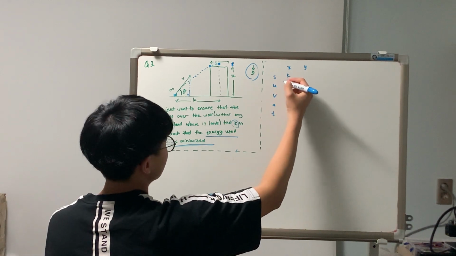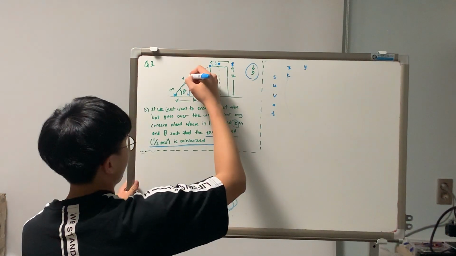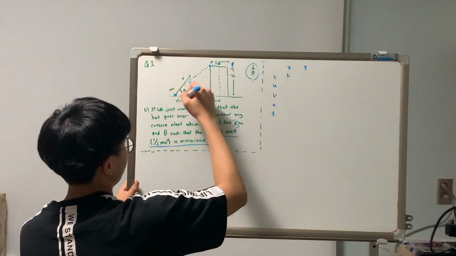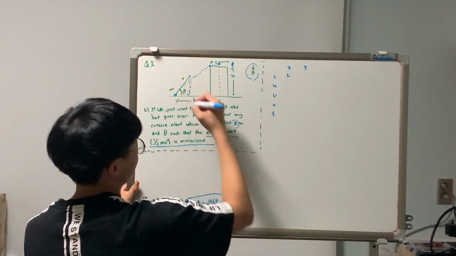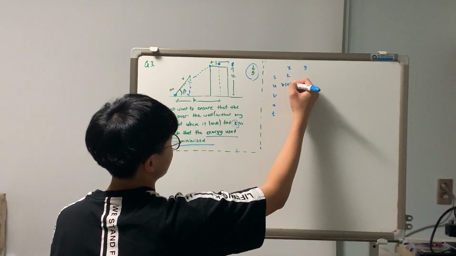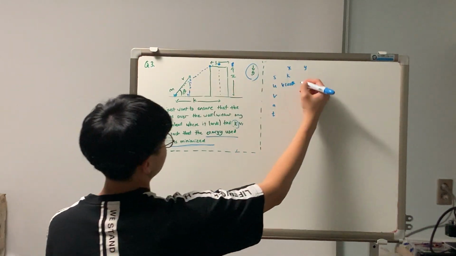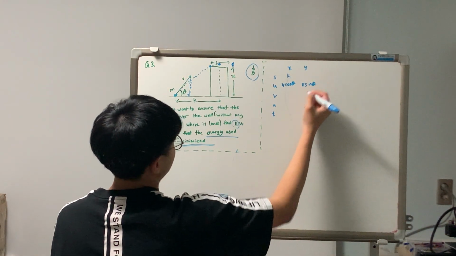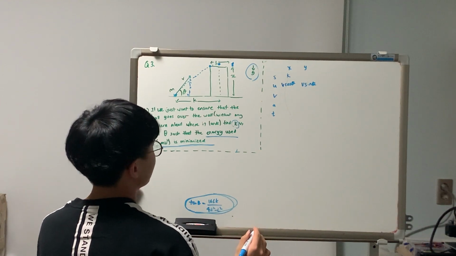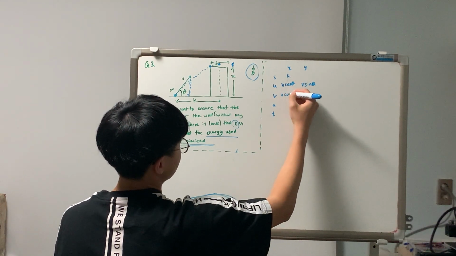And what would be our initial velocity in the x direction? Well, we could use trigonometry and say that it's v cosine theta, because it's the adjacent side. We get v cosine theta, and subsequently we get this as v sine theta. And for the final velocity, we know that this would remain constant.